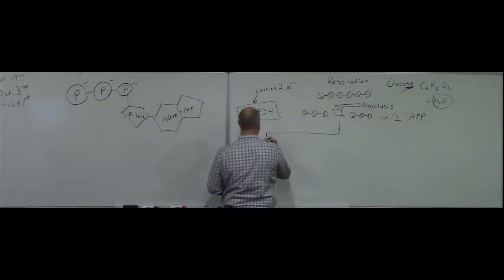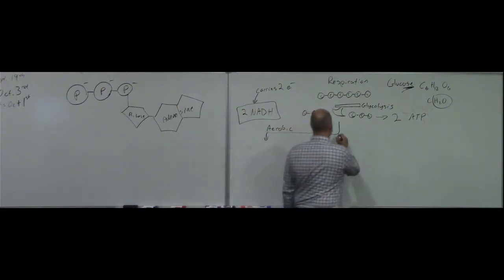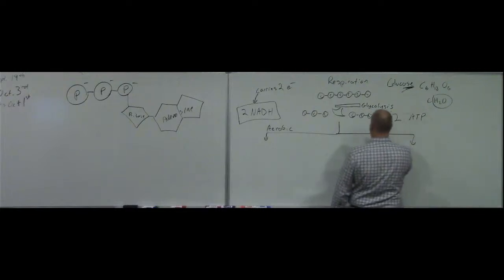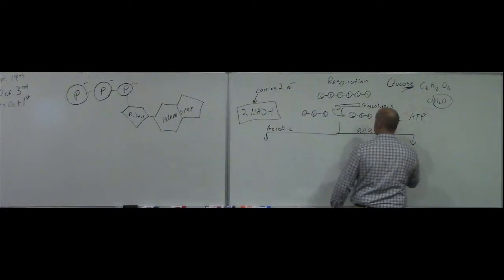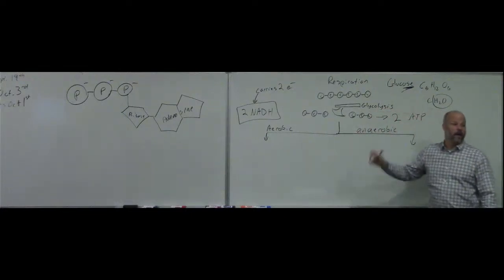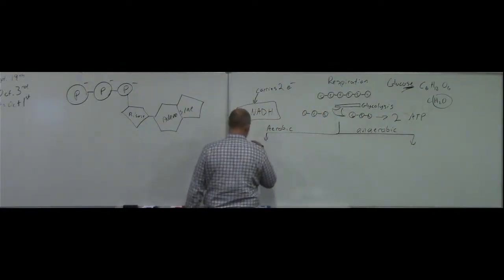So we can go 1 of 2 steps. We can either go to aerobic respiration, or we can go to anaerobic respiration. The difference is presence or absence of oxygen, right? If I go to aerobic respiration, then I'm going to go through 3 things, right?